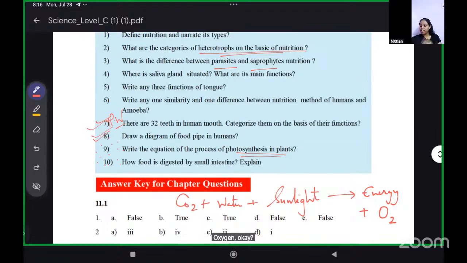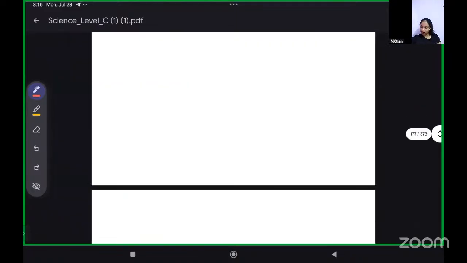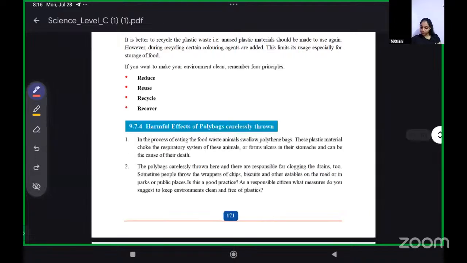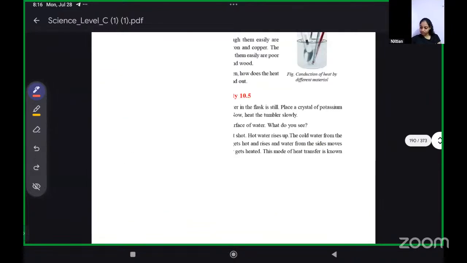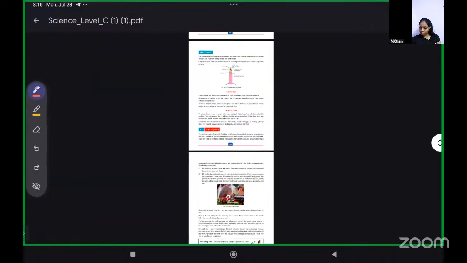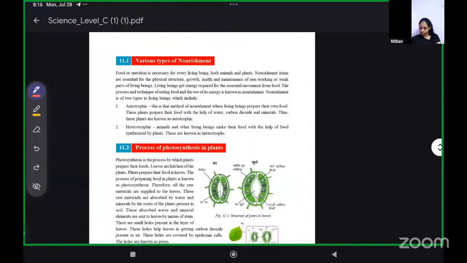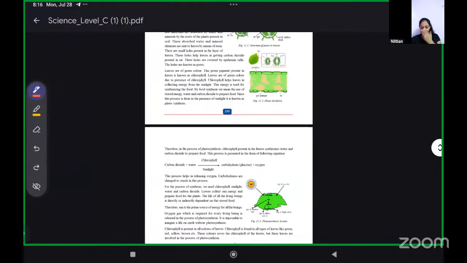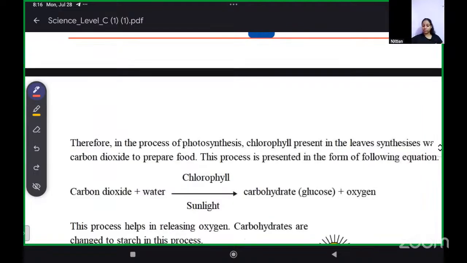Let me check if I'm missing an element. Chlorophyll, also you can mention.